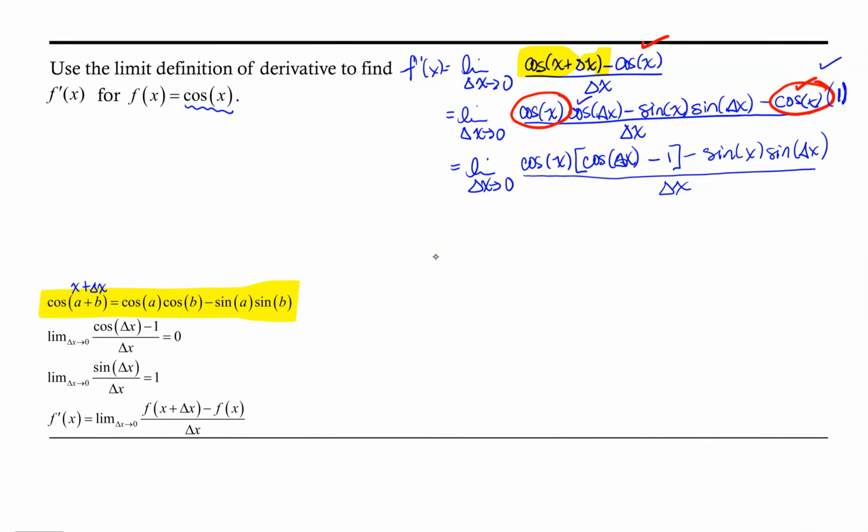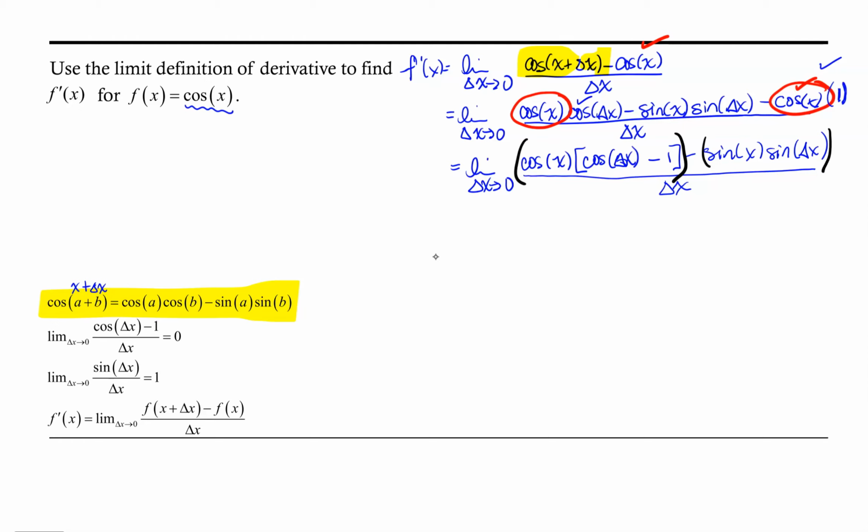Now, as I look at my numerator, I basically have two terms. I have this cosine of x times the quantity cosine delta x minus 1, then minus the quantity sine of x times sine of delta x.